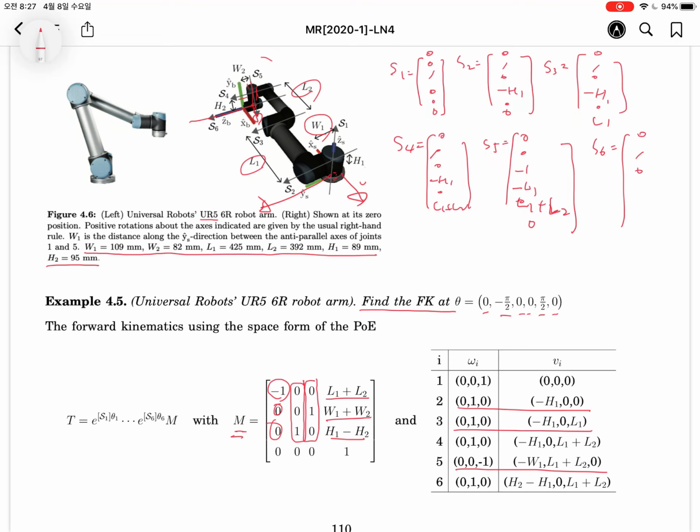And then it will make the linear movement of the origin in the z direction with the magnitude of L1 plus L2, and the plus x directional linear velocity appears as well with the magnitude H1 minus H2 minus H1. Okay, so we have the last element.